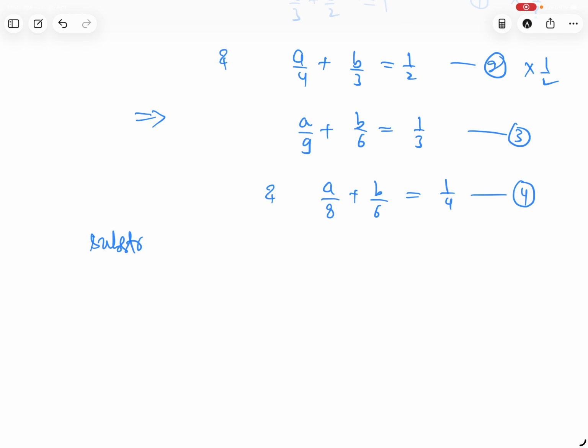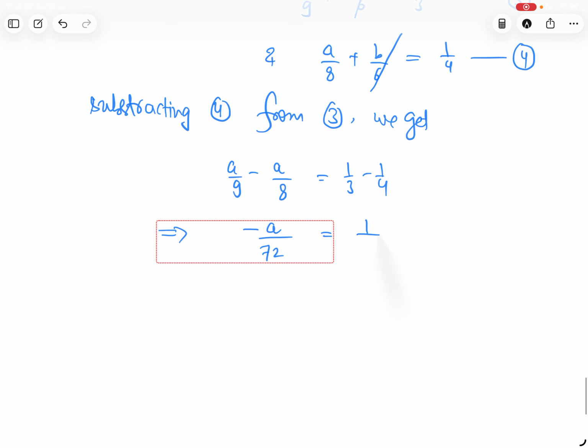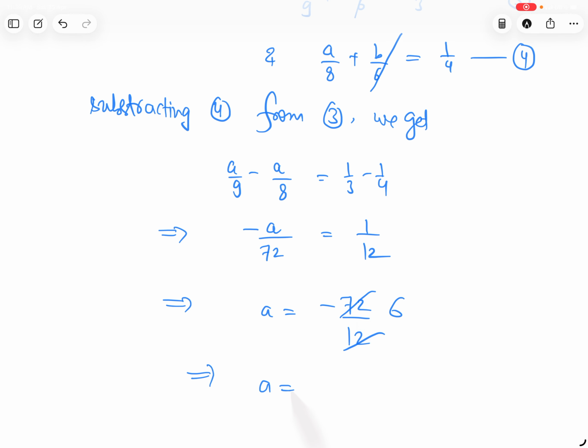Subtracting 4 from 3, b/6 cancels out, leaving a/9 minus a/8 equals 1/3 minus 1/4. That is minus a/72 equals 1/12, so a is equal to minus 6.